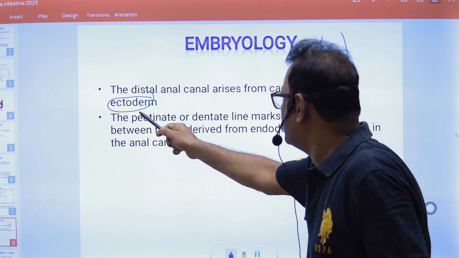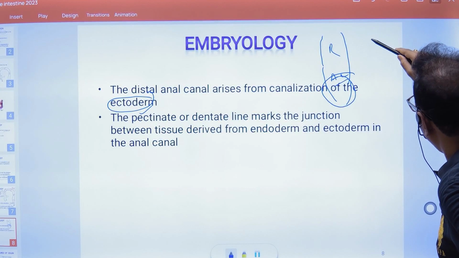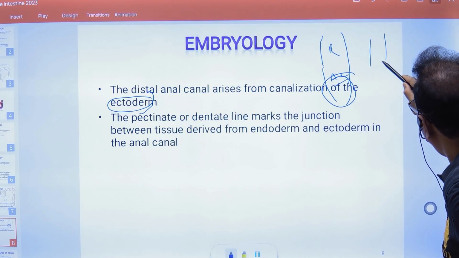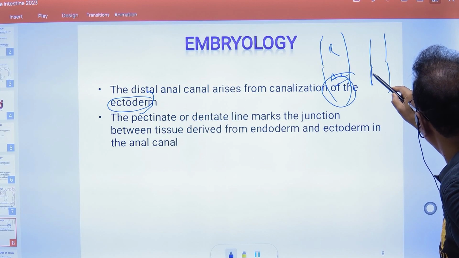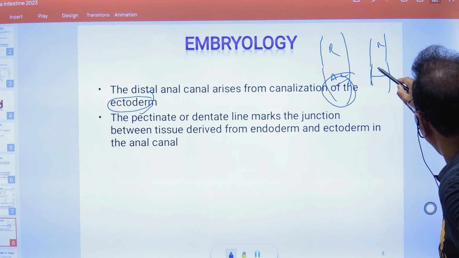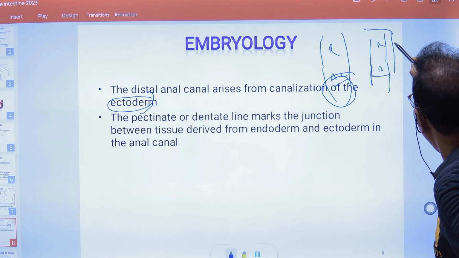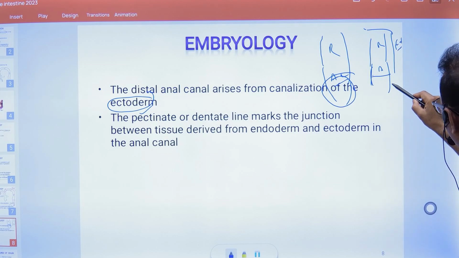They are ectodermal derivatives. So we have endodermal derivatives up to the rectum and half of the anal canal, and here we have the ectodermal derivative.